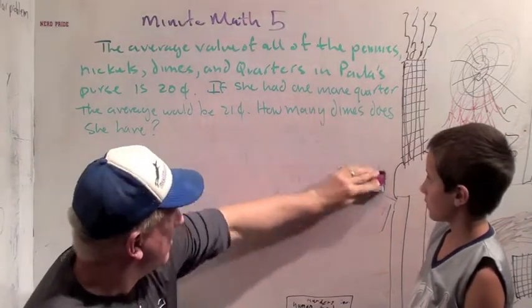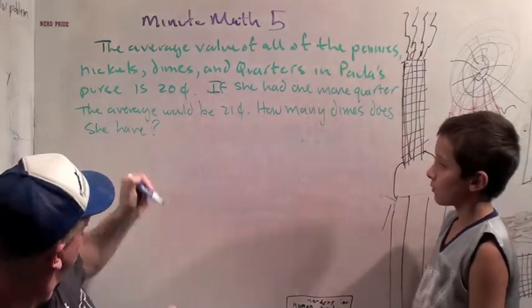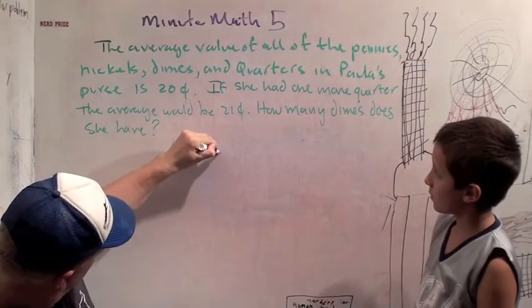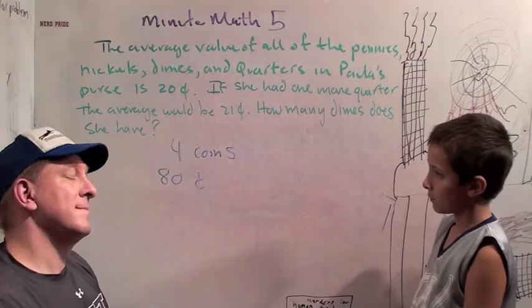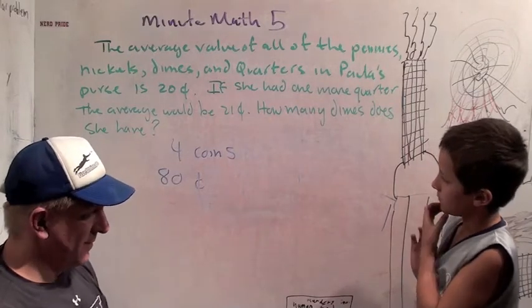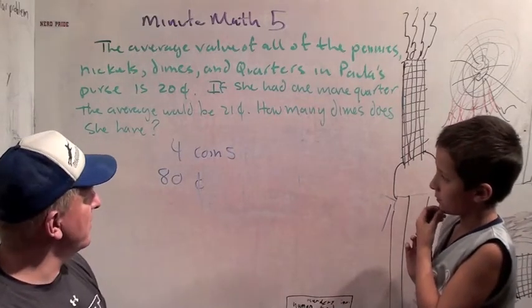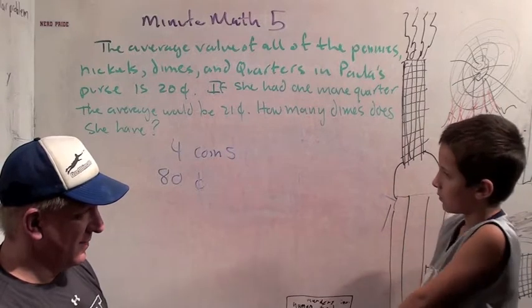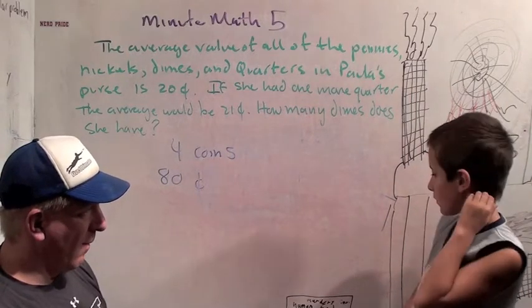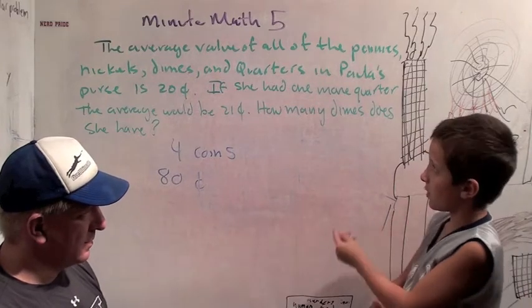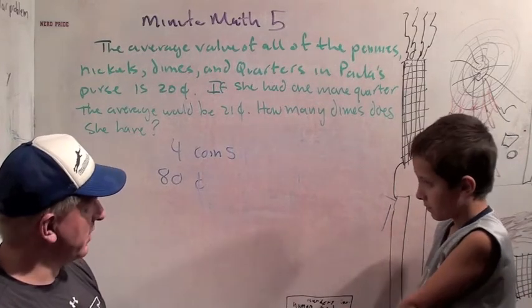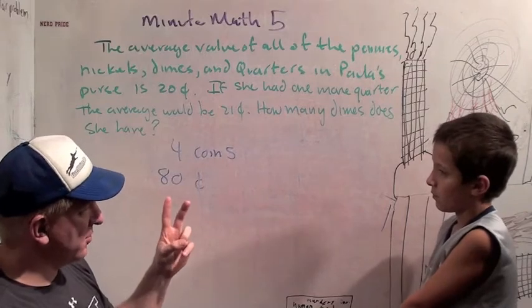So what does she have? Can you figure it out? 4 coins, 80 cents. Well, we could have 2 of them be quarters. 2 quarters would get us to 50 cents.